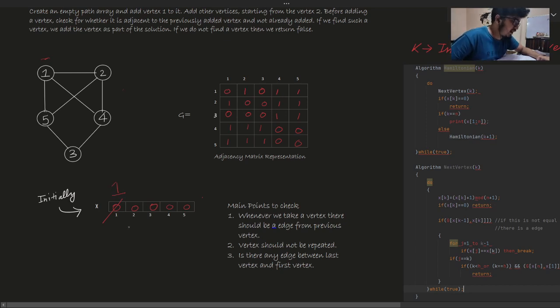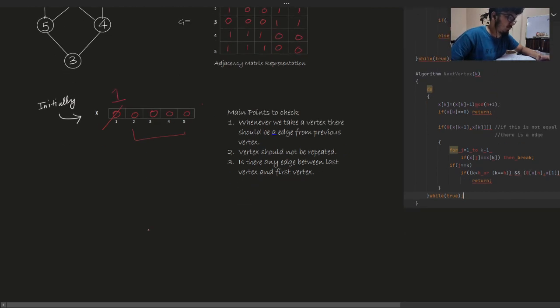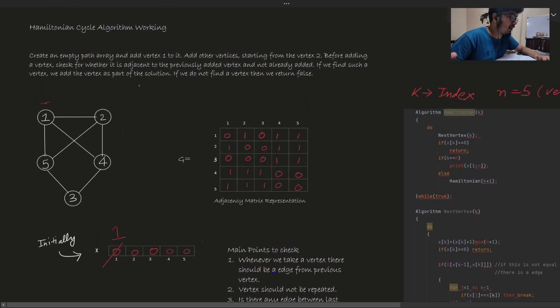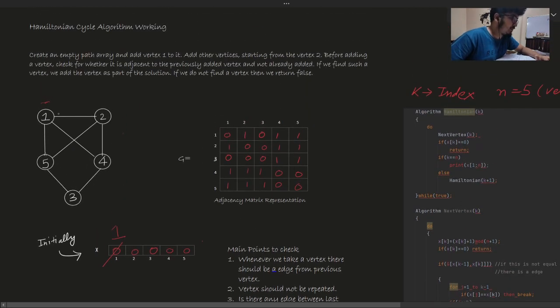Now we check the conditions from here onwards. We are creating a Hamiltonian algorithm. What will the Hamiltonian cycle be for this? We already know: 1, 2, 3, 4, 5.